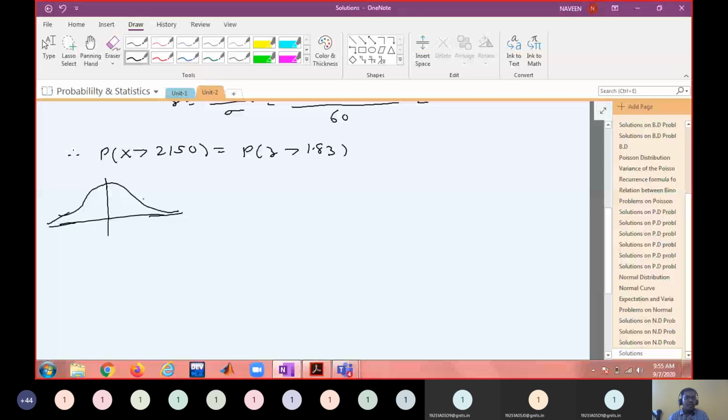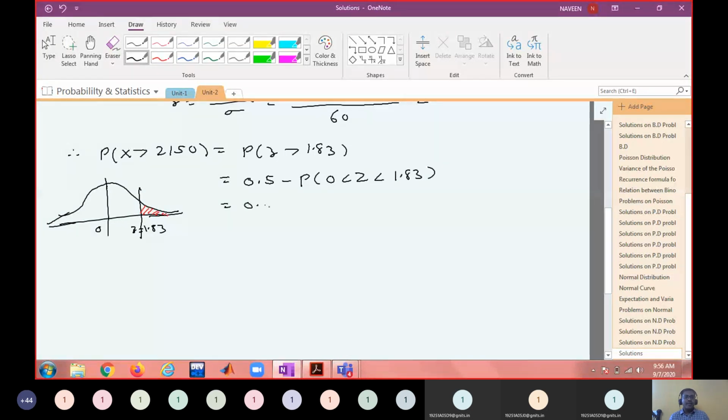We were asked to find the area to the right of 1.83. The total right half area is 0.5. From that, remove the area from 0 to 1.83. So this is 0.5 minus the probability that 0 is less than z less than 1.83. That gives the right tail area.